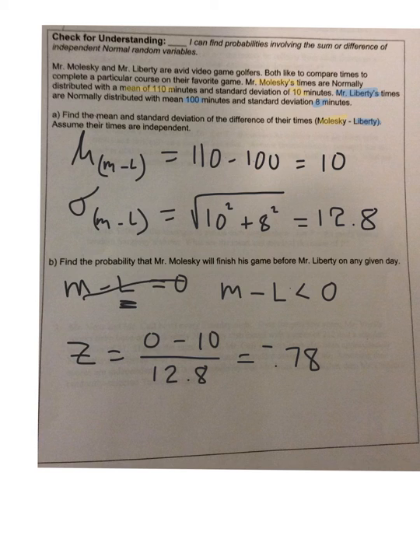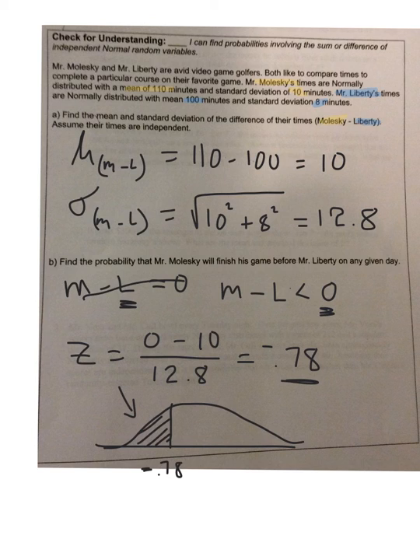Normal CDF, right? So here we are. We've normalized the graph here, and we're at negative 0.78. We want to say, what's the probability that we're in this region, which is less than 0.